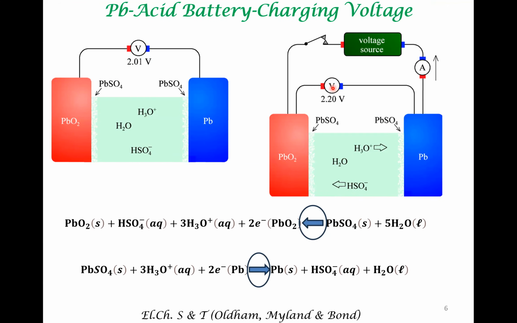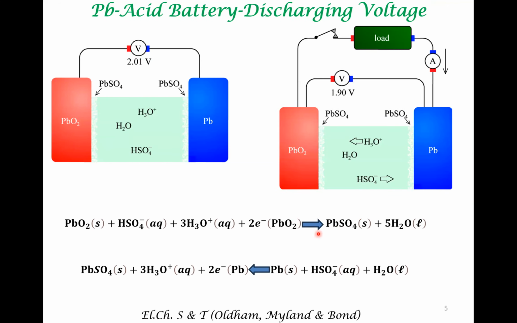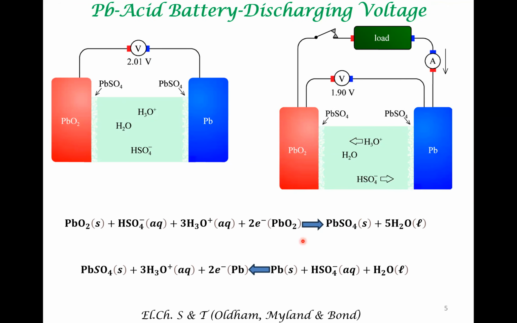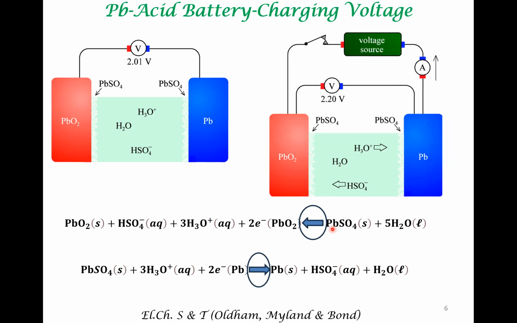During the charge process, if you compare this against this, the direction of the reactions is opposite. If this is the reaction in the discharging process, during the charging process that gets reversed.